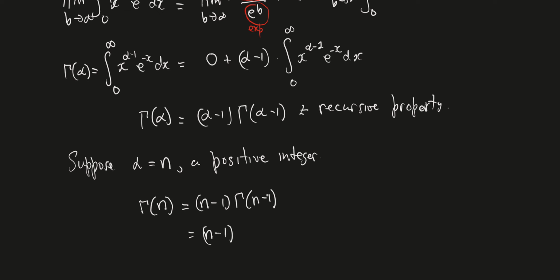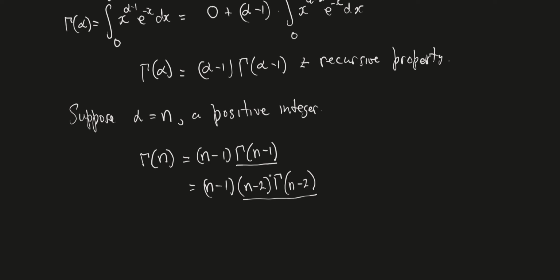So what if I apply this recursive property again? Now this gamma can be written as n minus 2 times the gamma of n minus 2. I can continue applying that recursive property each time I get a gamma function.